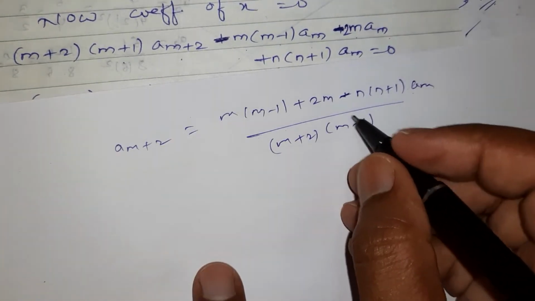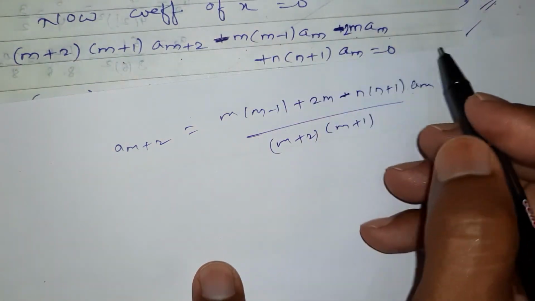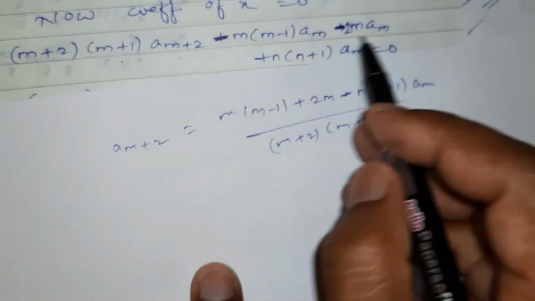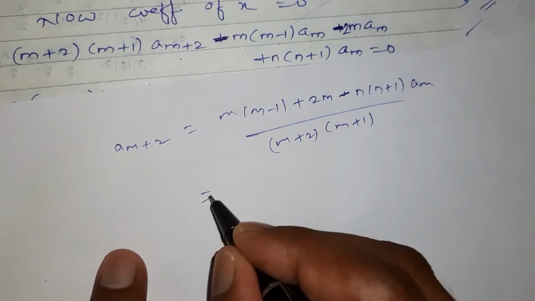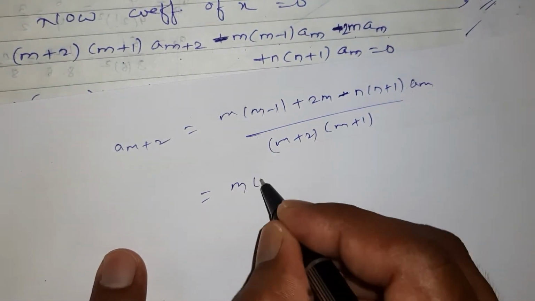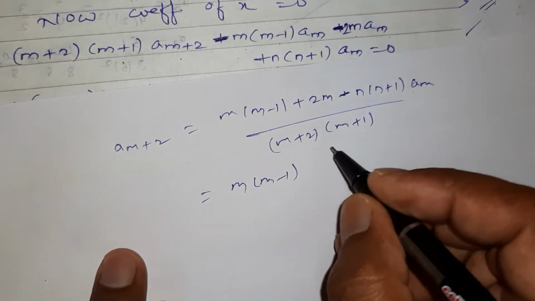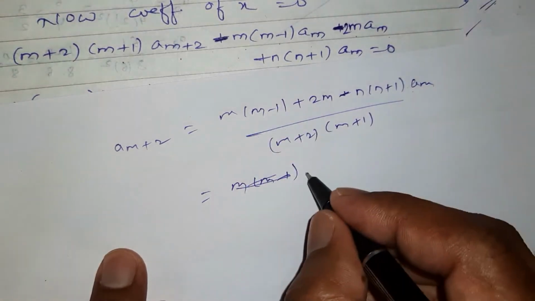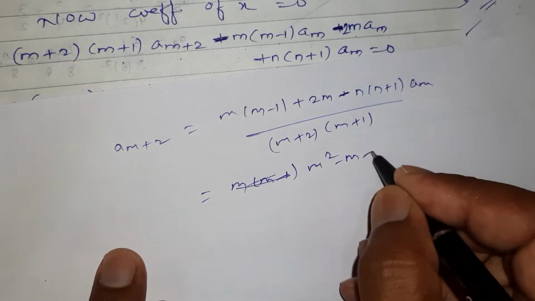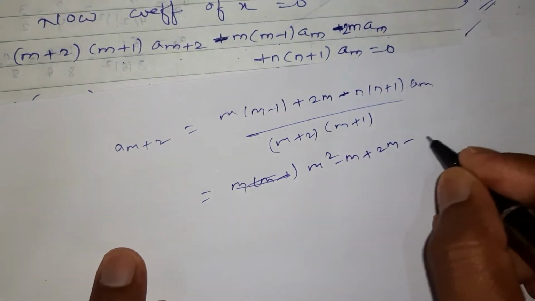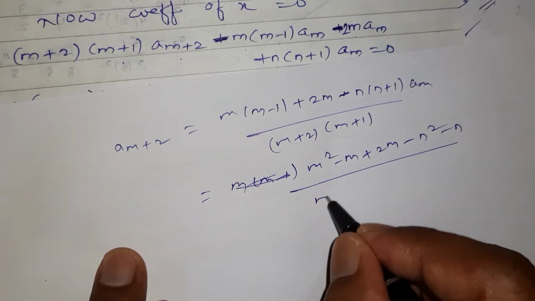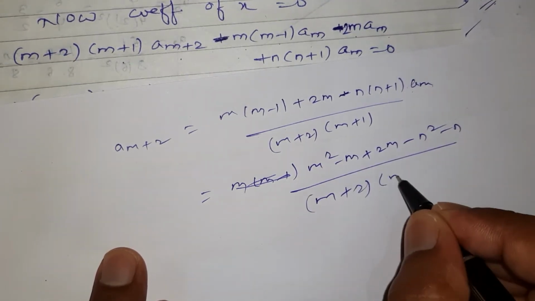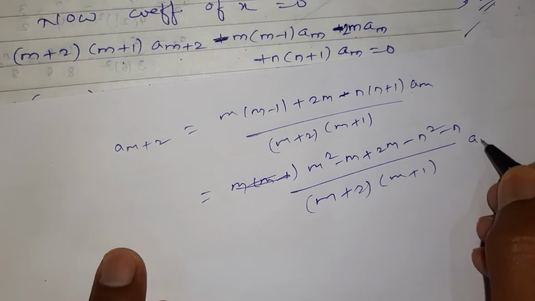What I did, I just transferred all these terms to the RHS so that minus becomes plus and plus becomes minus. Understood? Now I simplify it. m minus 1, multiply inside: m square minus m plus 2m minus n square minus n, upon m plus 2 into m plus 1, am.